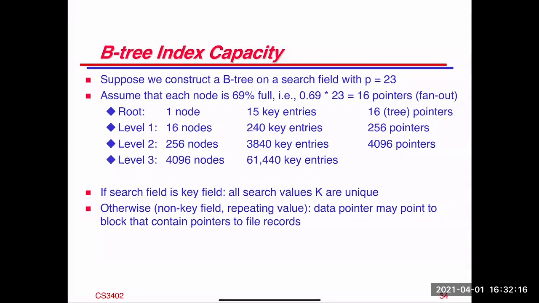We saw some examples of that last week. So you might have some repeating values. So in that case, we'll have a data pointer that will point not just to a single record, but to a block that contains pointers to file records. So that is similar to how we handle this with the secondary indexes.